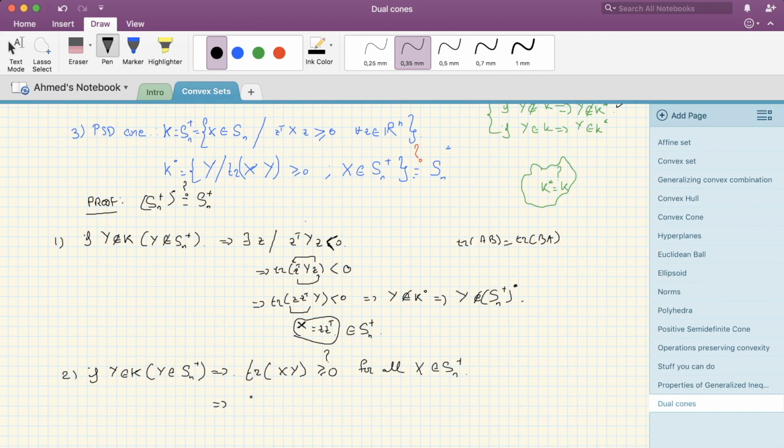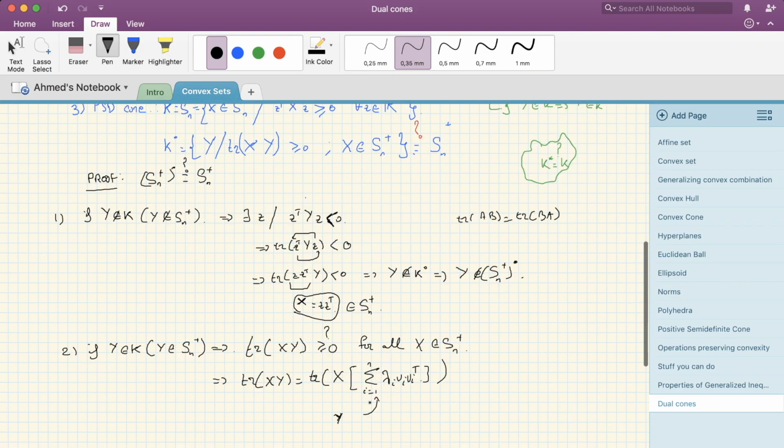Trace xy is equal to trace of x times y, where we plug in its eigenvalue representation, summation of lambda i vi vi transpose, where lambda i's are its eigenvalues and its corresponding eigenvectors are denoted as vi. Now, since y is in Sn plus by assumption, all our lambda i's are nonnegative. We are sure of that.